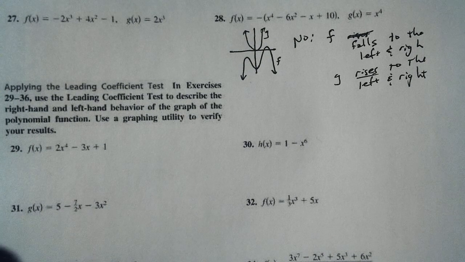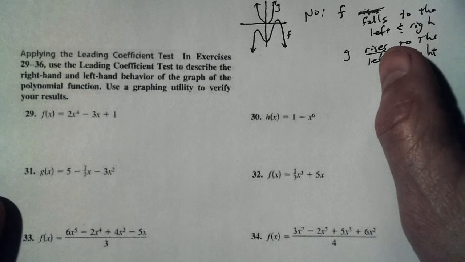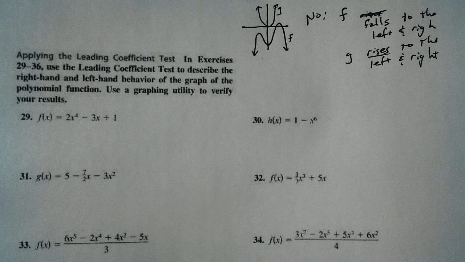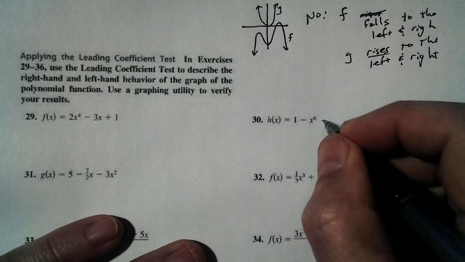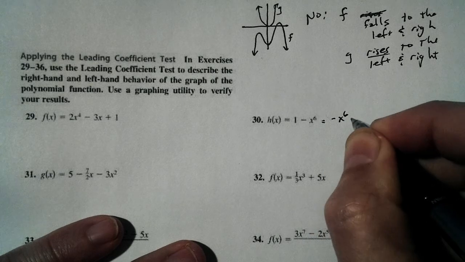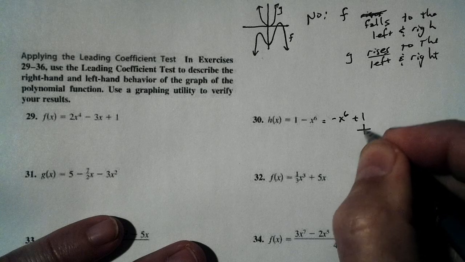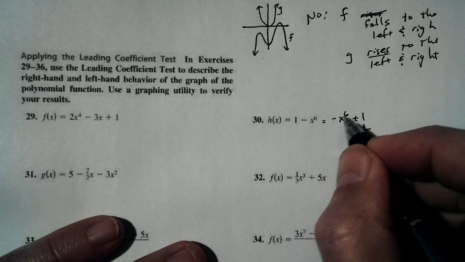All right, applying the lead coefficient test. Let me get something straightened out here. The lead coefficient test to describe the right and left hand behavior. I'm going to go through all of our tests here. I'm going to rewrite this first as negative x to the 6th plus 1. I prefer it. And I'm going to do my little hieroglyphics here. This graph goes through 1, but eventually wants to look like a negative even.